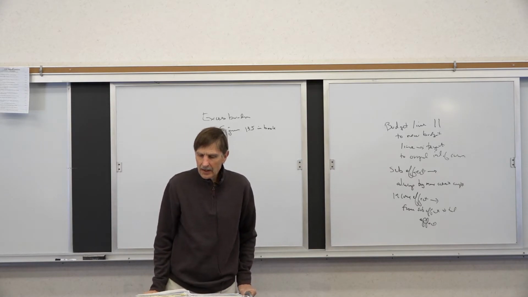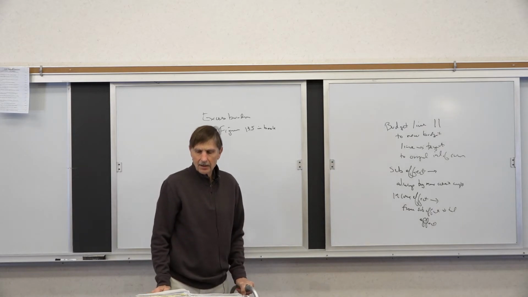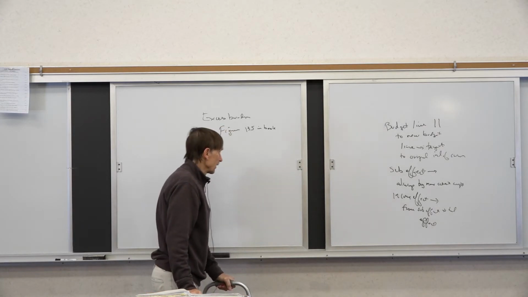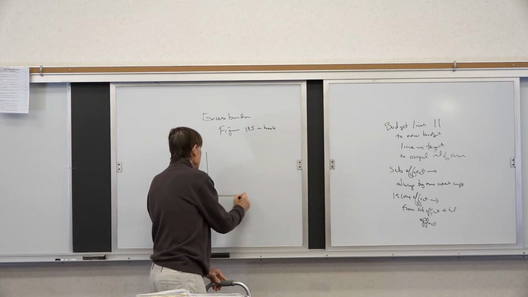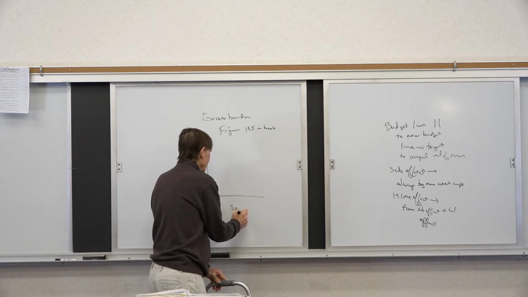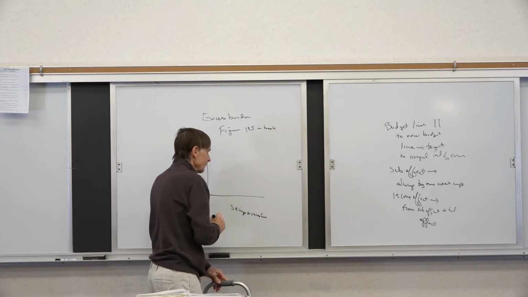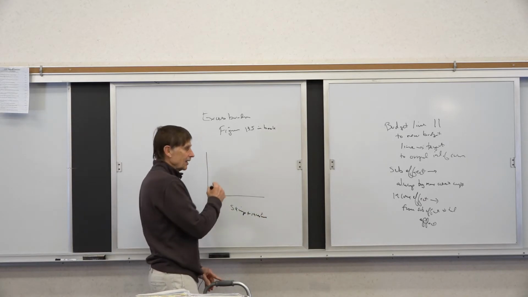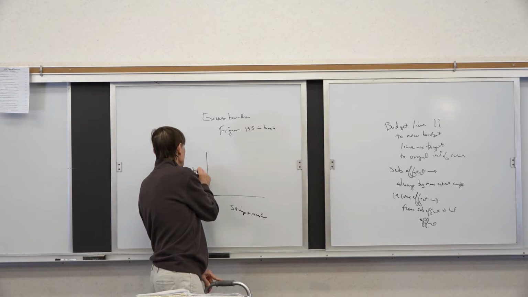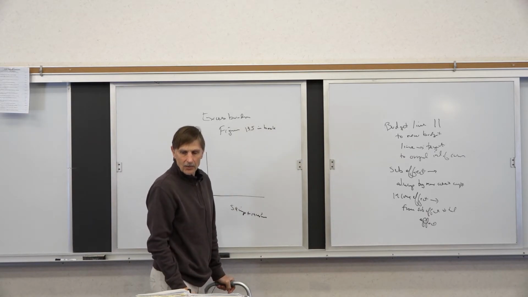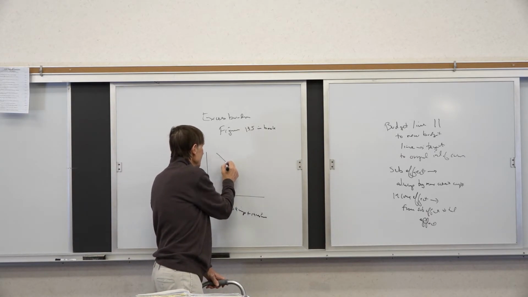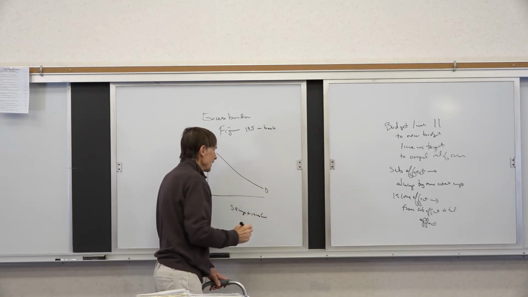We have savings and investment on the bottom axis, and we put interest up here. What do we have? We're going to have a demand for savings.